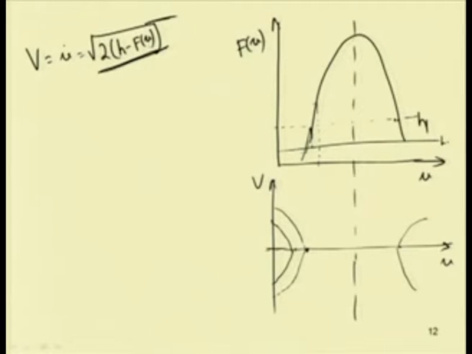Corresponding to this maximum point, let us take this maximum point. When H and f(u) values are the same, we can have this point, but before that and after that I can put the value like this.